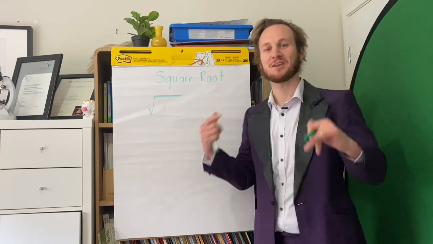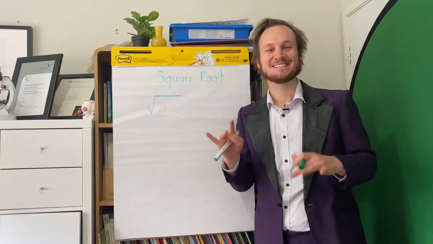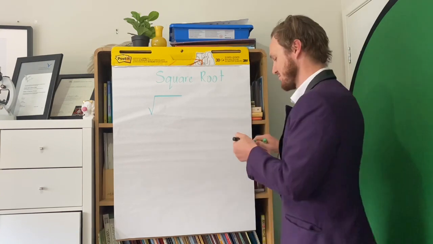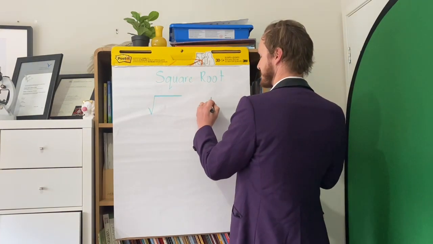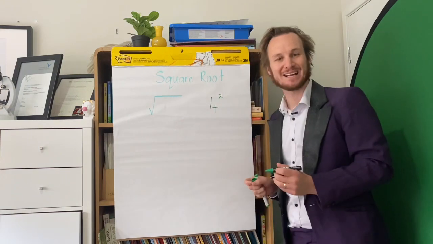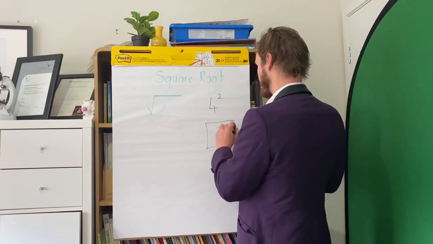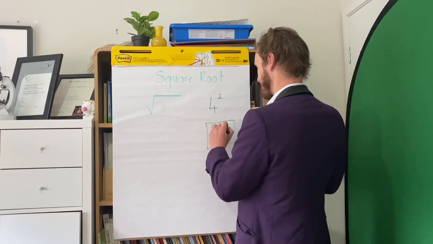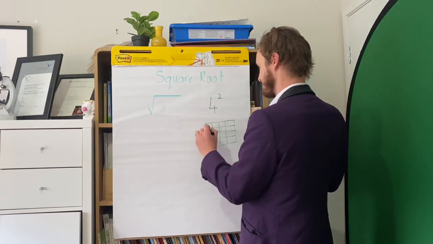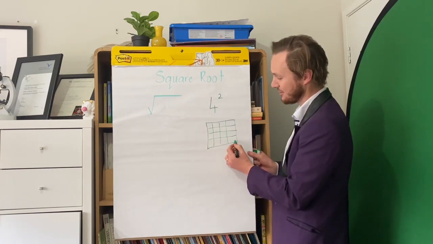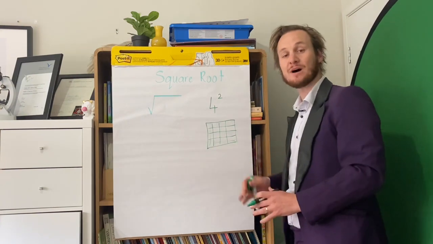All right, so today we're talking about square root. The other day we talked about square numbers, and what it meant to have square numbers. Four squared would be a square that goes 4 up and 4 across.